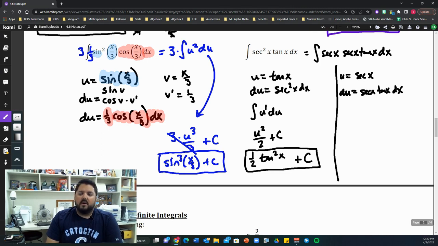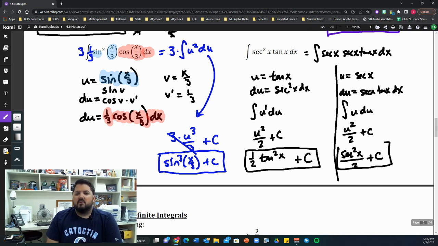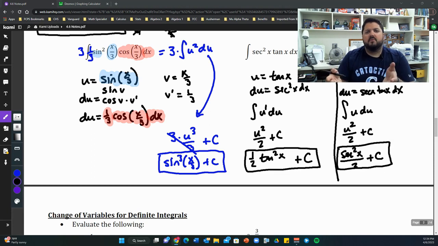Now when I rewrite this, it becomes the integral of u to the first du again. So we get u squared over 2 plus c, but now the u squared is our secant x function. So we end up with secant squared x over 2 plus c. So we end up with our two different answers.